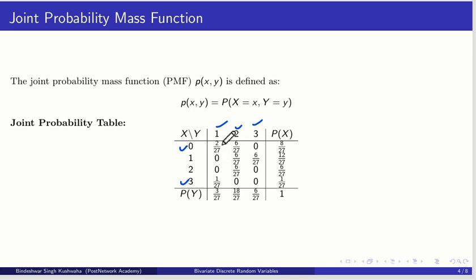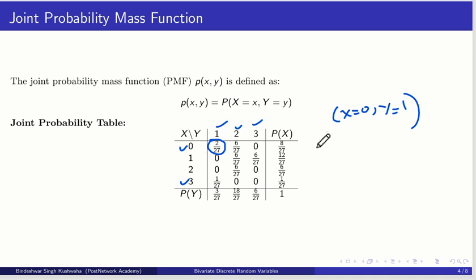So if we tabulate that, this value, 2 upon 27, means here X is equal to 0 and Y is equal to 1. What does it mean?